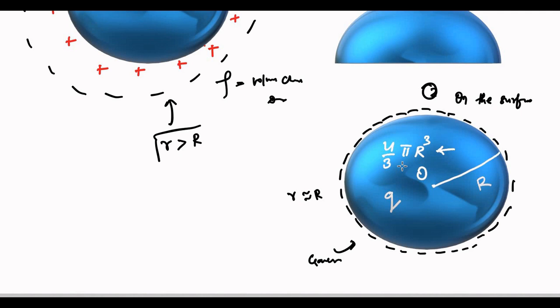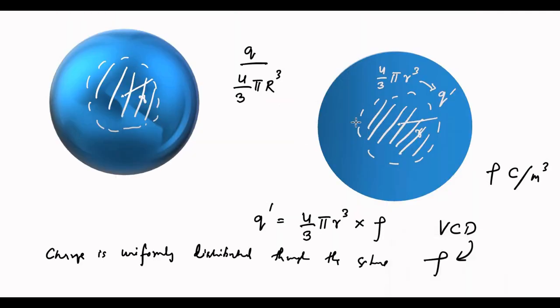Then the third case is the point which is inside the sphere. The inner sphere with radius r, with r lesser than the radius of the sphere, is considered.